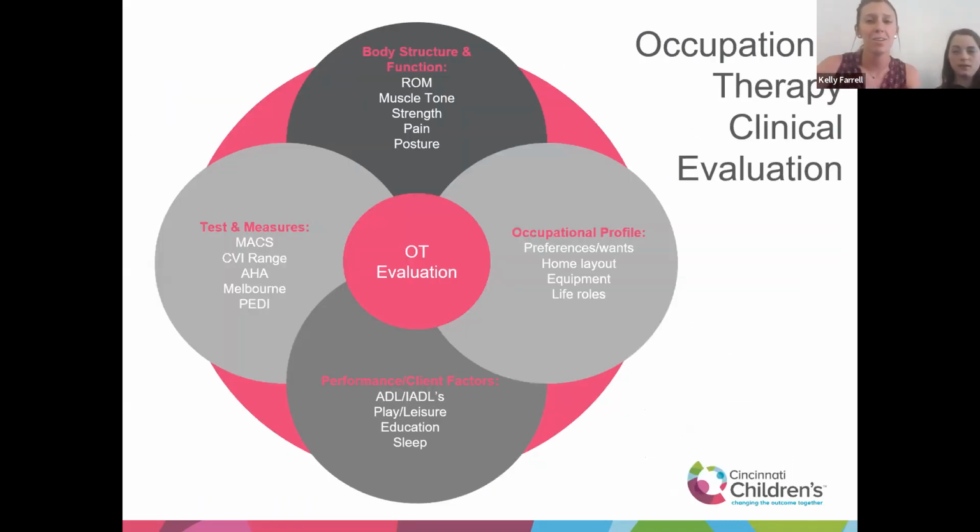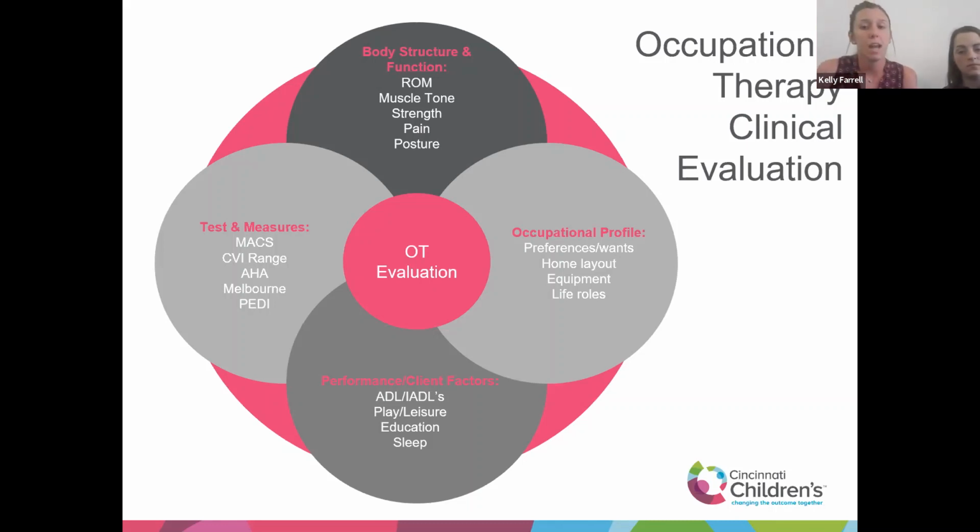All right, and then kind of going into the occupational therapy evaluation, it may seem similar to the PTs. We do a lot of the same structure, but we're looking at very different things. And I think Kim did a great job of highlighting that when we're creating this occupational profile, looking at their performances, the home layout, their daily activities, we also really want to know what they want to work on specifically, or what their main concerns are.